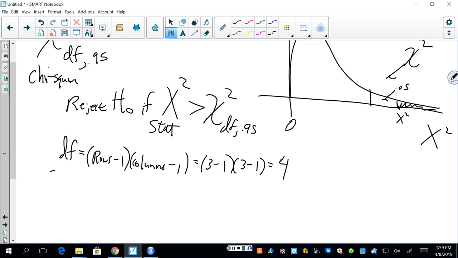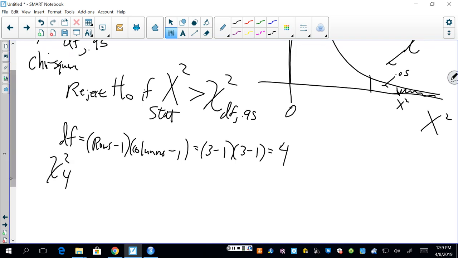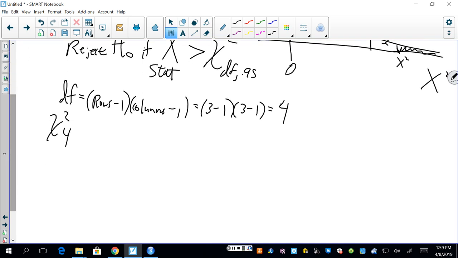So we're going to look at a chi-square with 4 degrees of freedom as a cutoff. In the table that's copied for you, the Rosman version of the table, look at degrees of freedom equals 4, and look out to the 0.95 column, and it's 9.49.